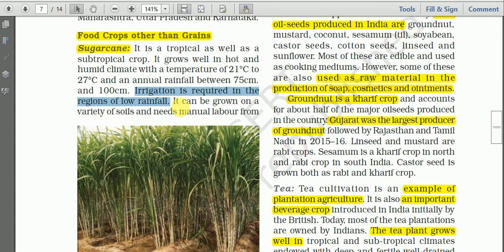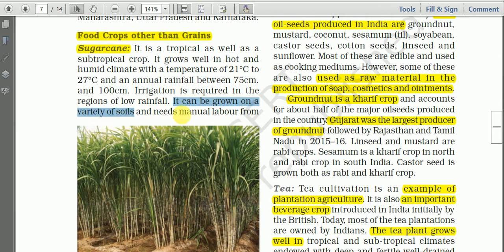And about the soil types, it can be grown on a variety of soils, like alluvial soil. However, it is best suited in the black soils, black lava soils, as we find in Maharashtra and Gujarat.